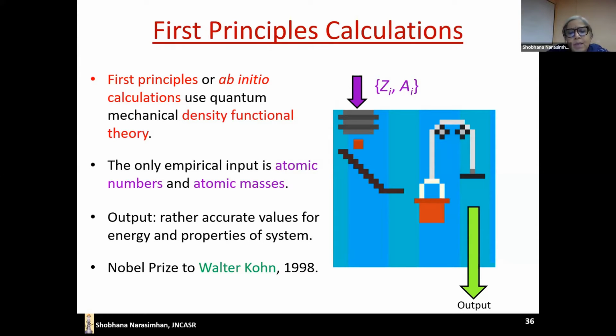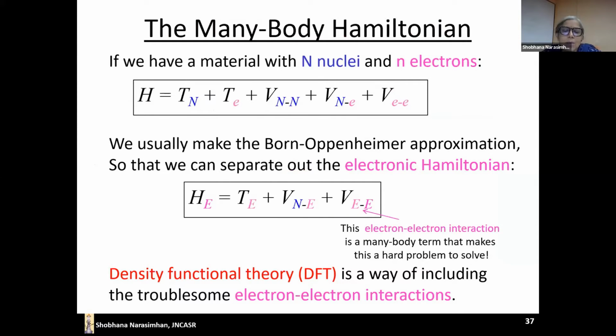And for developing this method, the Nobel Prize was given to Walter Kohn in 1998. I will just spend a couple of minutes trying to give you a rough idea what density functional theory is. The basic Hamiltonian that you want to solve for any such problem is a many-body Hamiltonian. So you have the kinetic energy of the nuclei, the kinetic energy of the electrons, the potential energy between nuclei and electrons, and the electron-electron interactions.